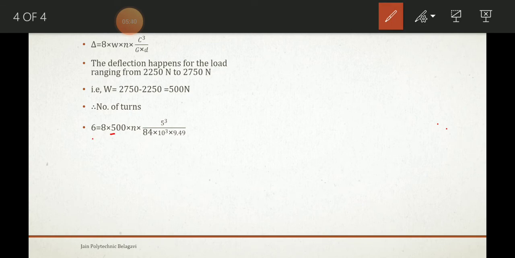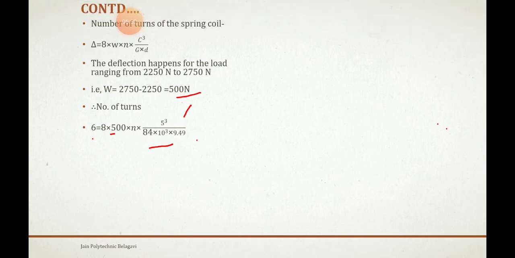8 W is now the effective load we calculated, that is 500, into n. n is not given, we have to find it out. C is 5, which is already given, the spring index. G is the modulus of rigidity, and small d is 9.49, the diameter of the wire we calculated. So just go and calculate the value of n.